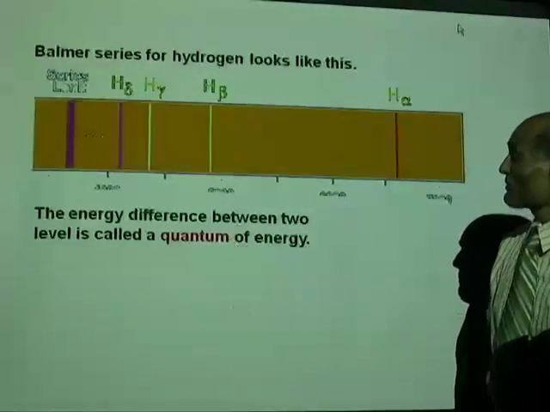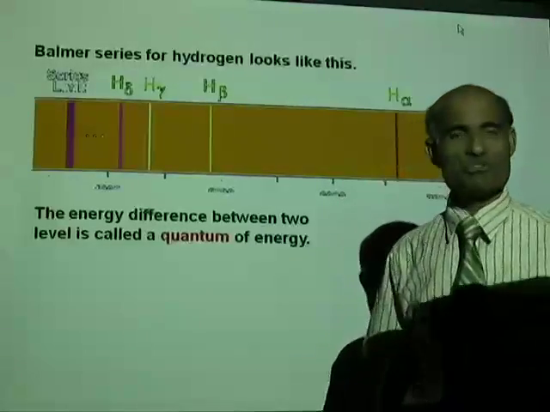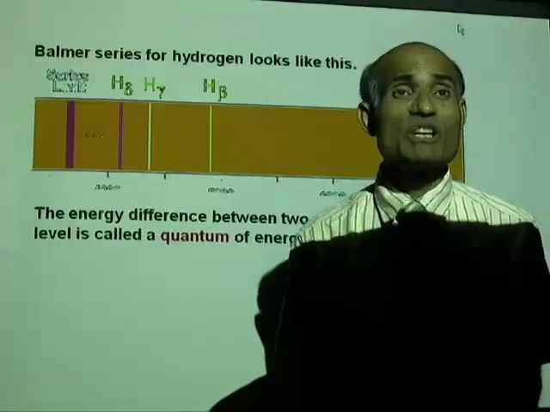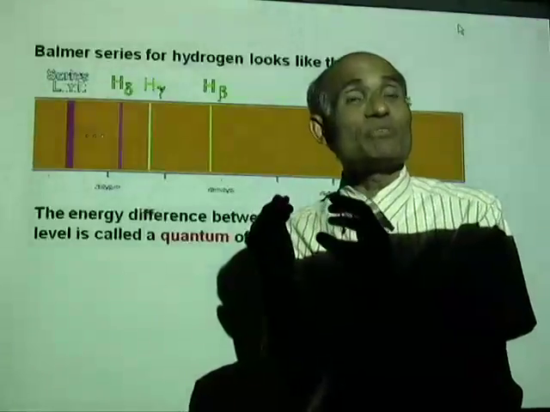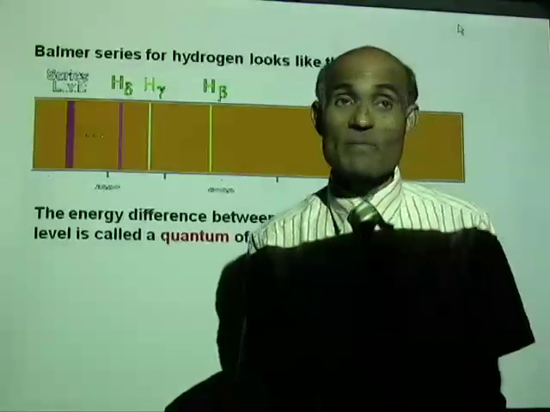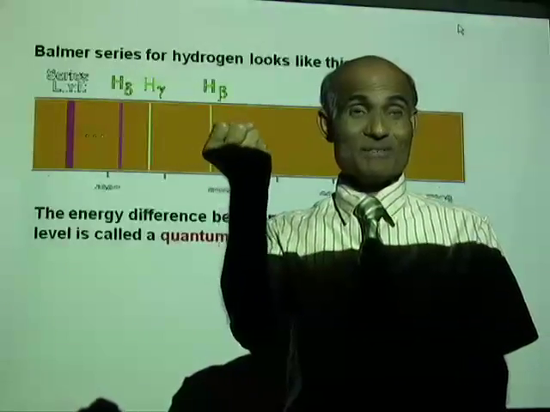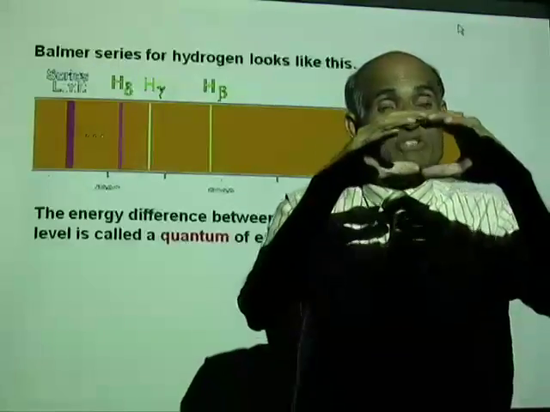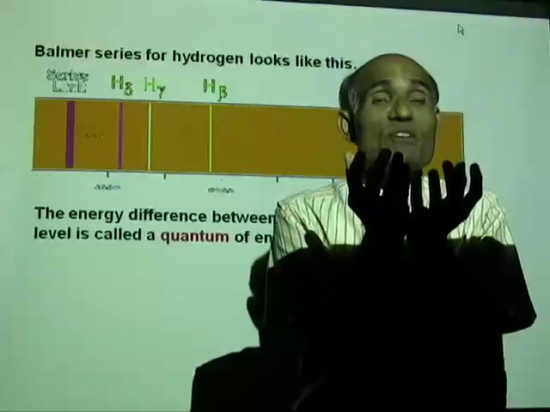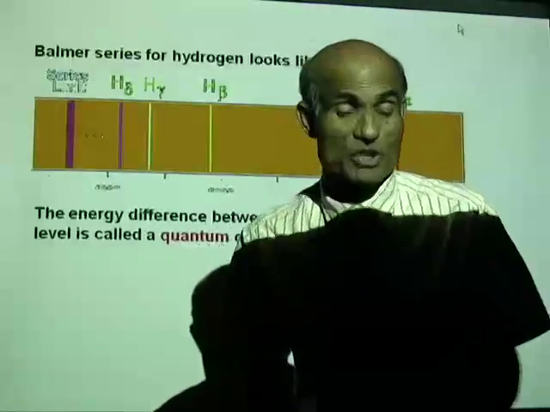Now, the energy difference between two levels is actually called a quantum of energy, and that quantum of energy is what we quantize as h times the frequency. And that quantum will come in different amounts depending on that frequency.